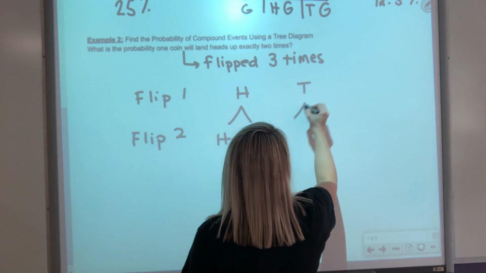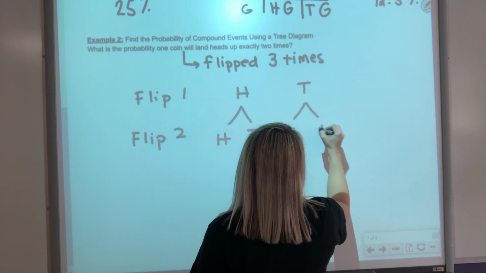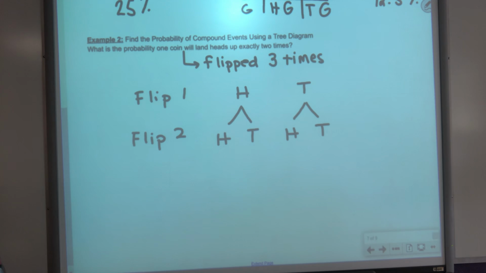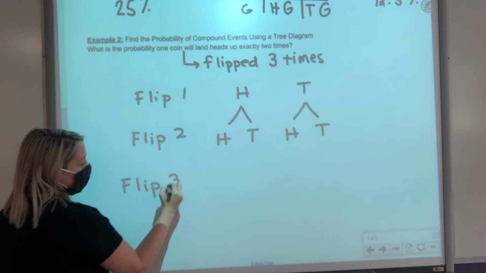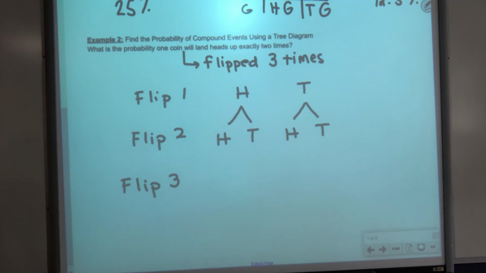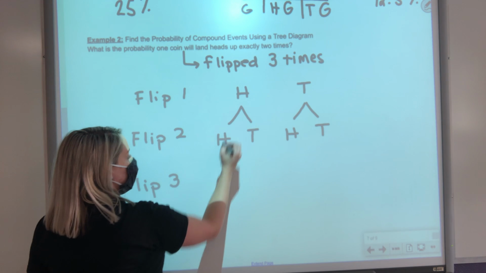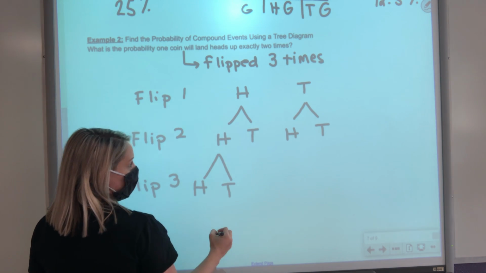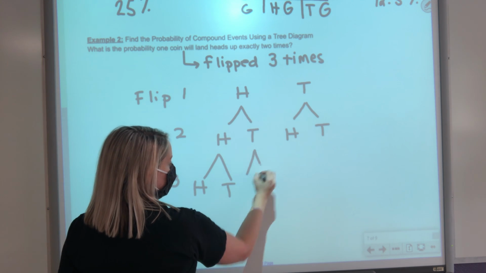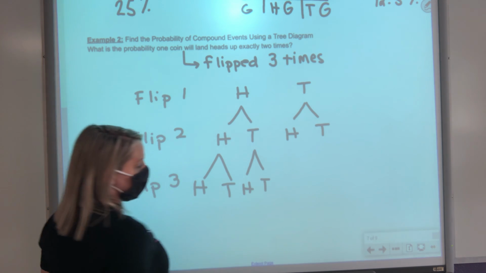If we get a tails, we can go heads or tails. Now with flip 3, do our options change? No, because our coin doesn't change, right? So now we can go heads, heads, and flip 3, we can go heads or tails. Heads, tails, heads or tails.